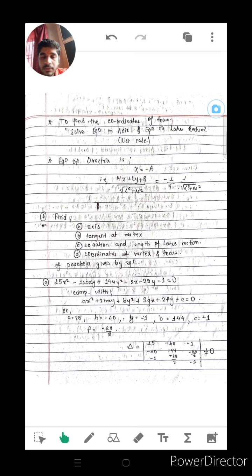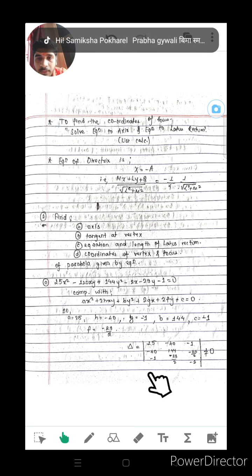At first, to solve this, we have to check whether this equation is a parabola, hyperbola or ellipse. We have to confirm it and move to the next steps. So here, by comparing this equation, we get the values of a, b, c and f.